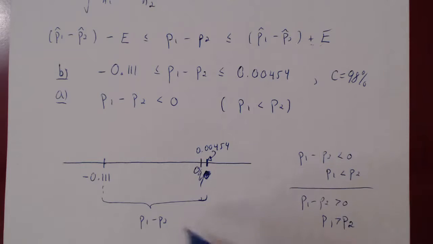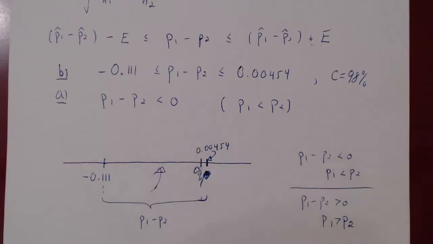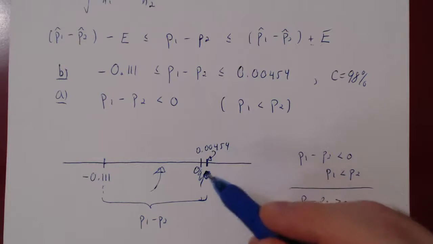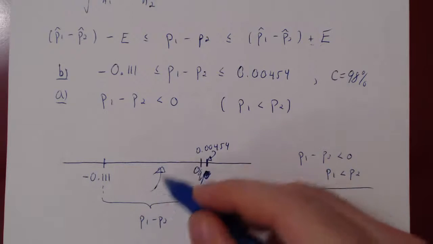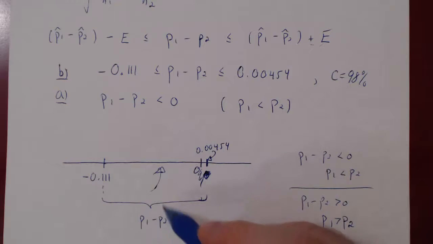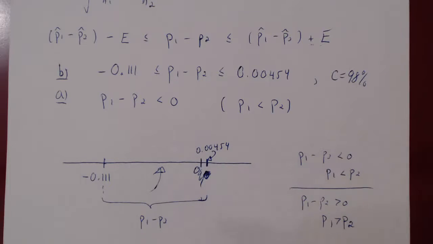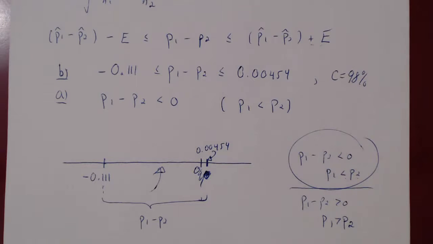So the odds are that P1 minus P2 will actually lie in the negative part, because the positive part is just so small compared to the negative portion of your interval that it seems way more plausible that P1 minus P2 is in this part, the negative part, and therefore that P1 is indeed less than P2.